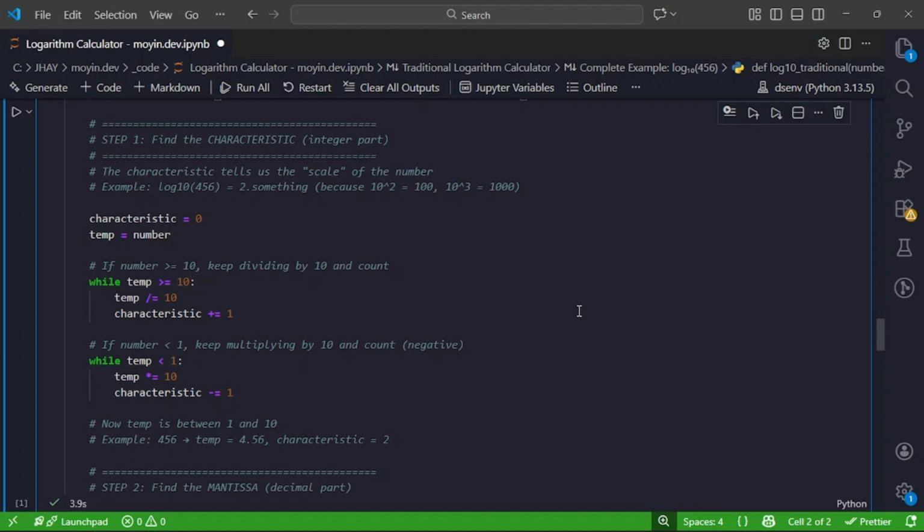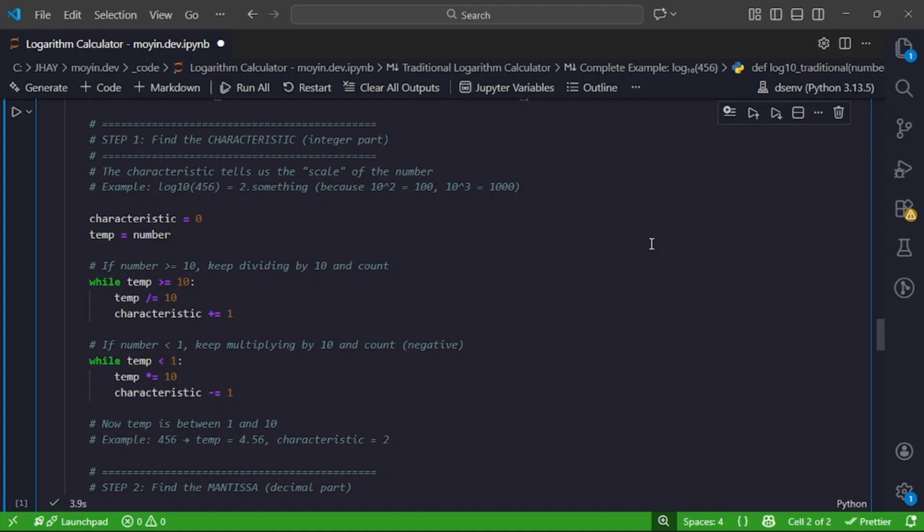But imagine a number like 0.05. You have to multiply by 10 twice to get your characteristic. So picture it like this: a number such as 100, for example, you divide by 10 twice to get 1, so the characteristic is 2. A number like 0.01, you'd have to multiply by 10 twice to get it between 1 and 10. Do you get?